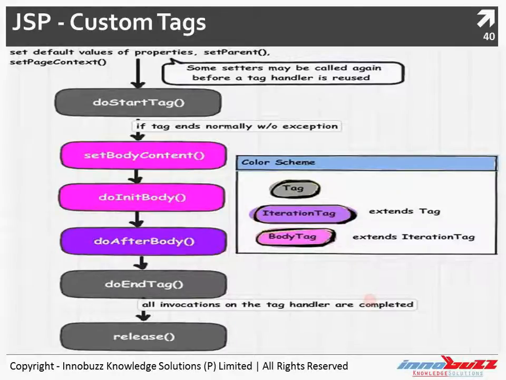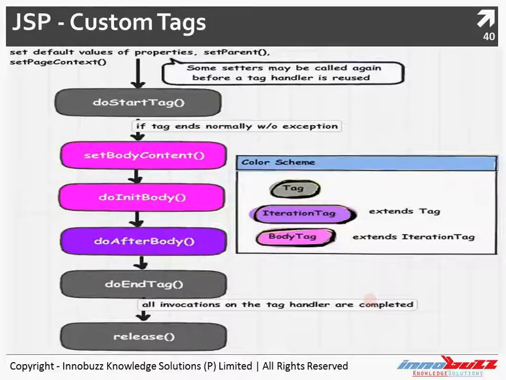So within the tag, whatever you give as body content will get executed, and doInitBody will initiate for the body. After executing the body of your tag, and after all the invocations on the tag handler are completed, doEndTag will get invoked. So finally, after using it, it will get released.